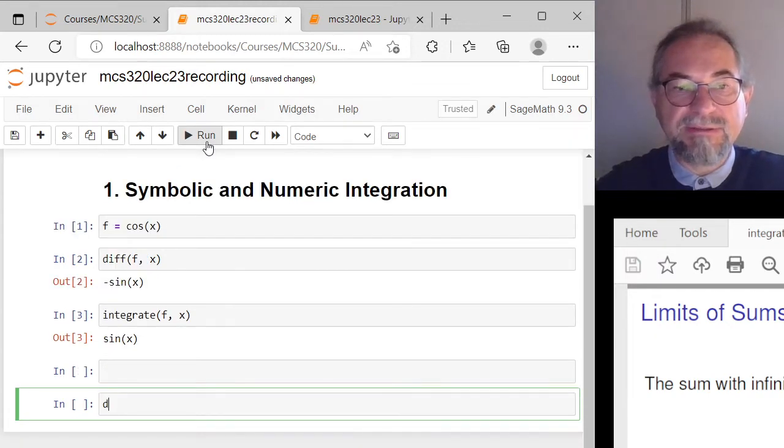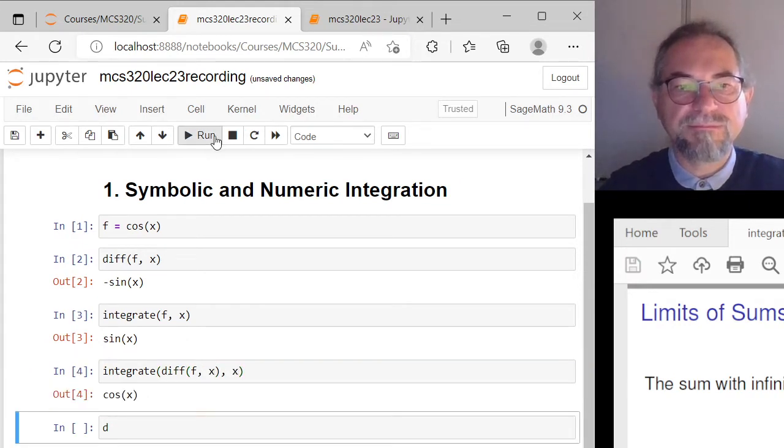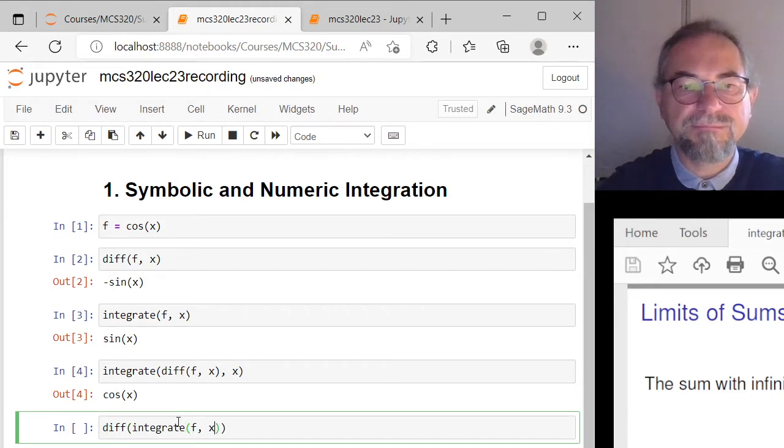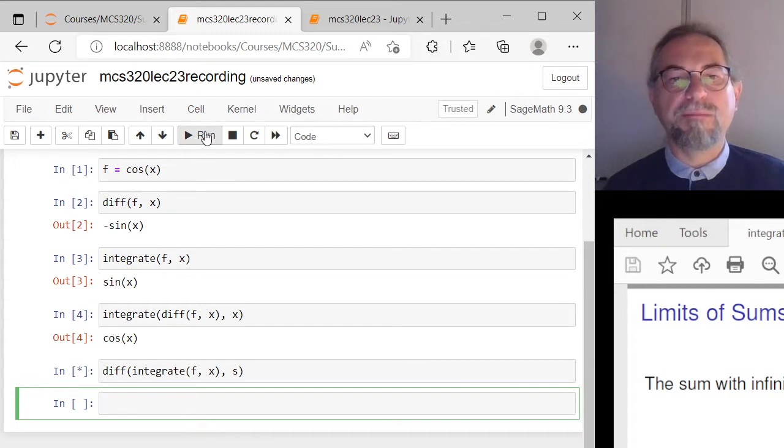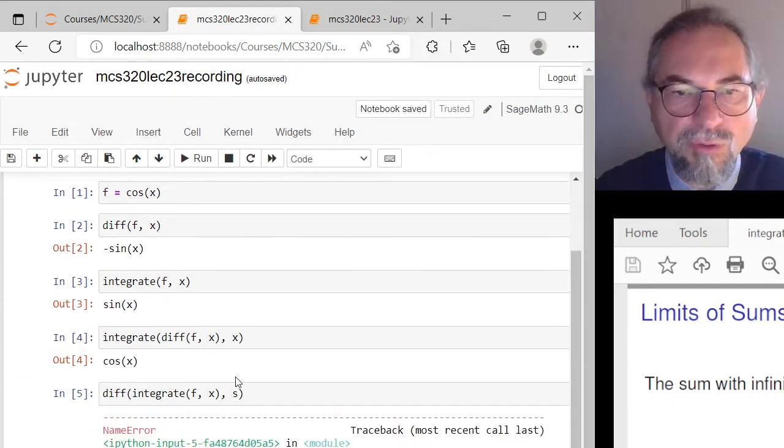To illustrate that these operations commute, I can take the integral of the derivative, so this is a nested operation, or I can take the derivative of the antiderivative. So in both cases I obtain the cosine.